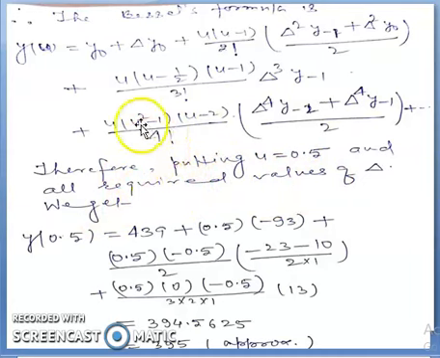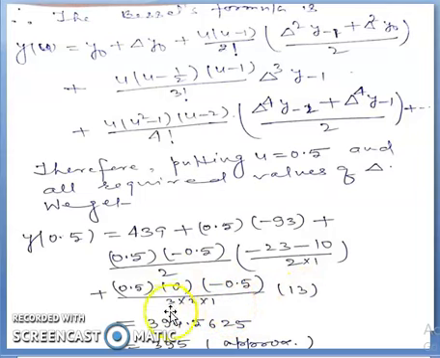After substituting the values, we get y of 0.5 equal to 439 plus 0.5 into minus 93, plus 0.5 into minus 0.5 divided by 2 into minus 23 minus 10 divided by factorial 2, that is 2 into 1, plus 0.5 into 0 into minus 0.5 divided by factorial 3, which can be written as 3 into 2 into 1, into 13.